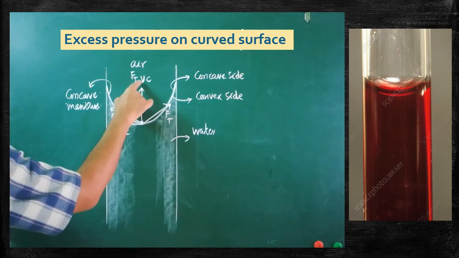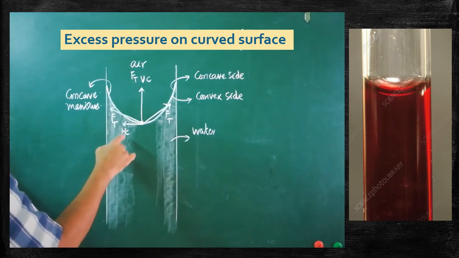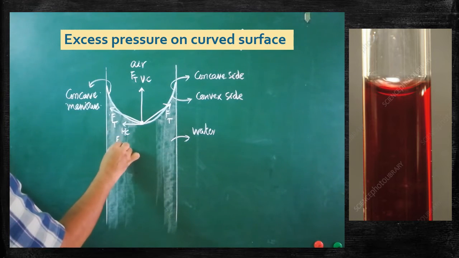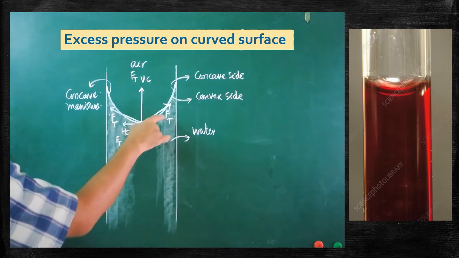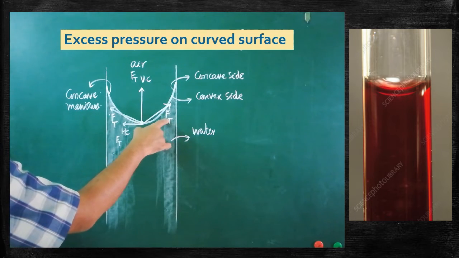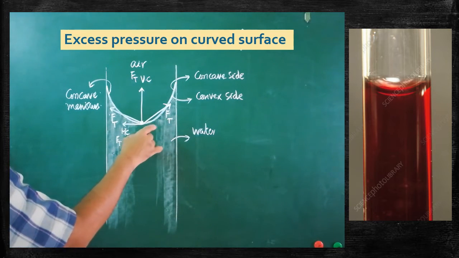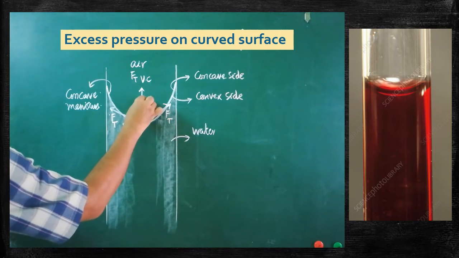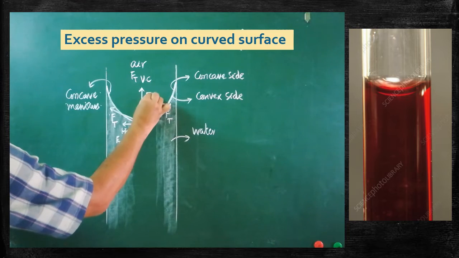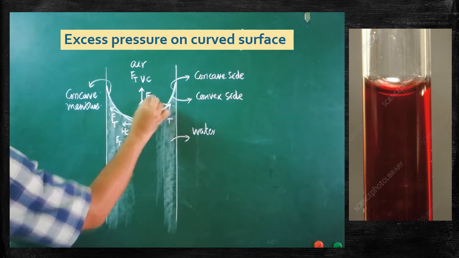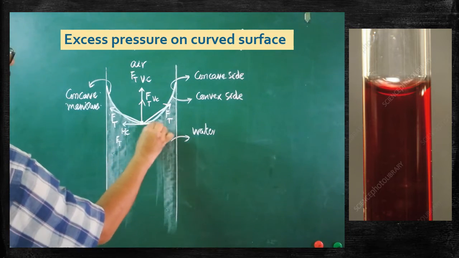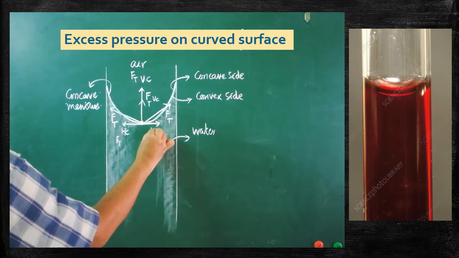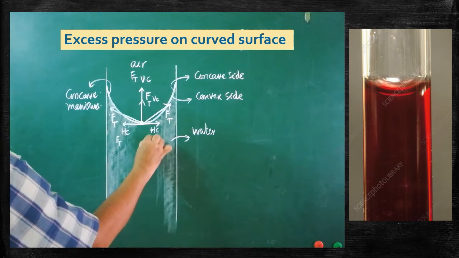Its vertical component is FTVC. Its horizontal component can be called FTHC. Like this, force Ft can also be resolved into two components. The force due to surface tension, its vertical component can also be written as FTVC. Along this direction, the horizontal component will act. It can be called what is this?